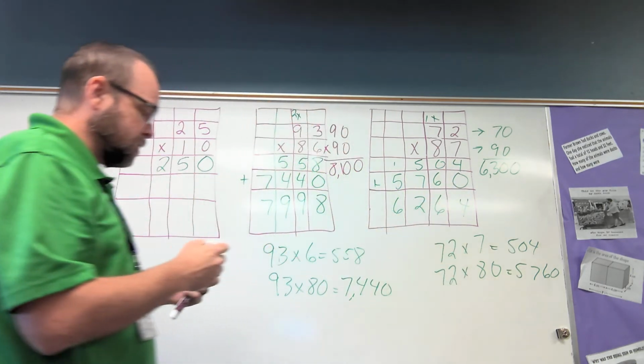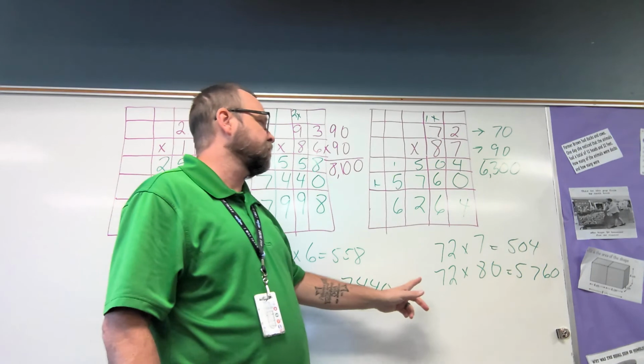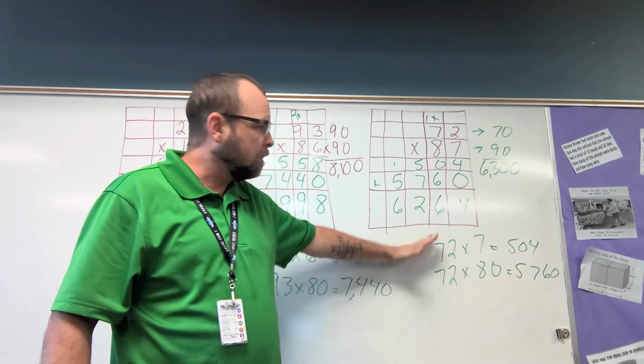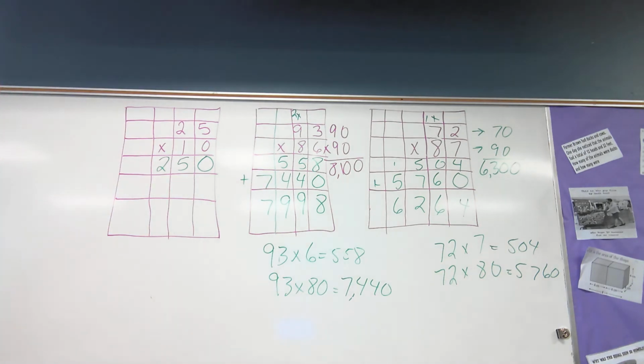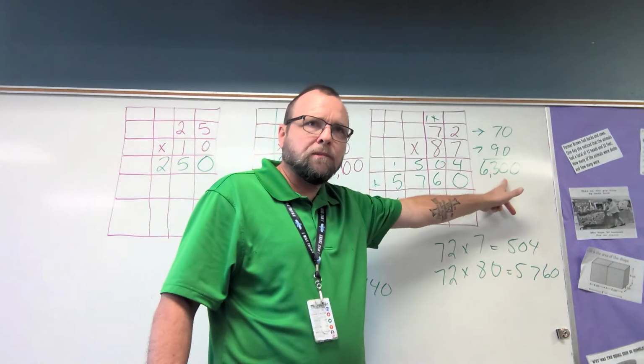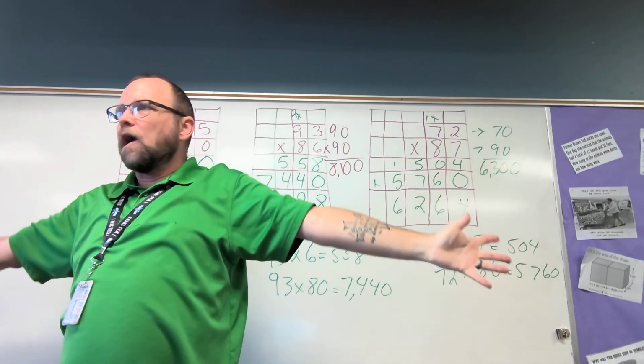So if we did everything right, and you often know that I do make mistakes, our answer would be 6,264. If I did everything right, these two products would add up to 6,264. Close to our estimate. It's not way far away from our estimate.